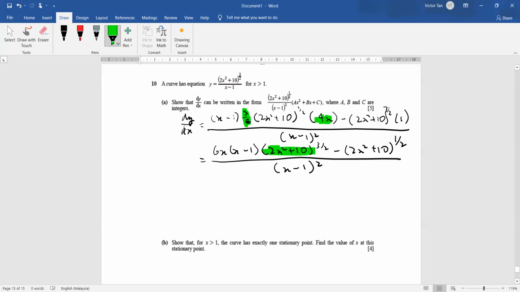So you have this as a common factor. Always take the power that is lower. So you will have lower power is half. Factor out half. Okay.